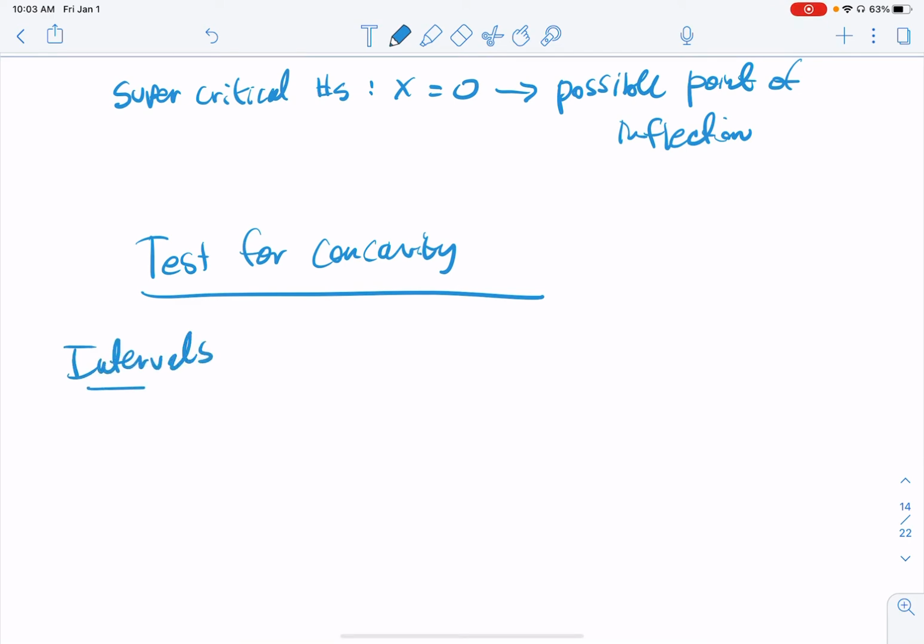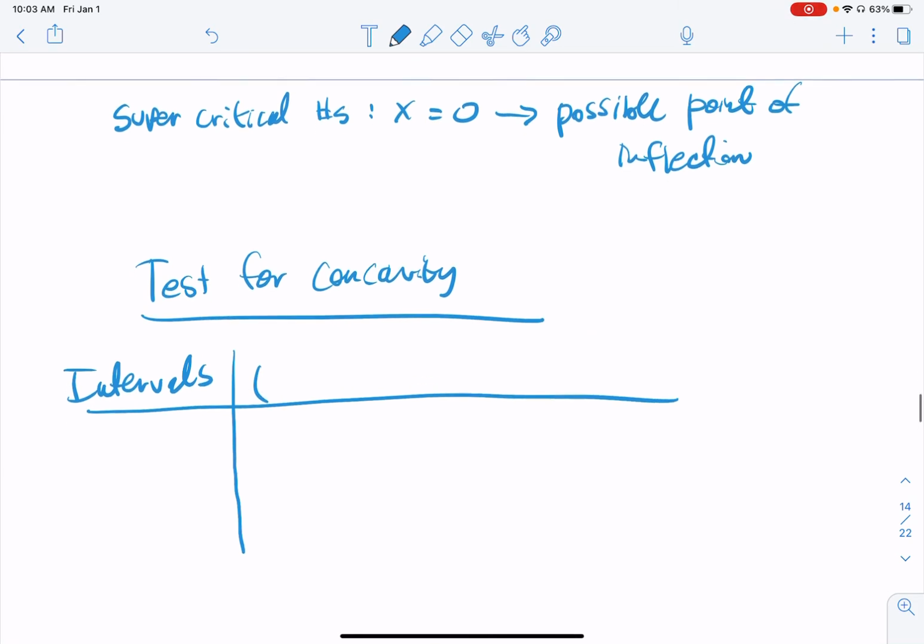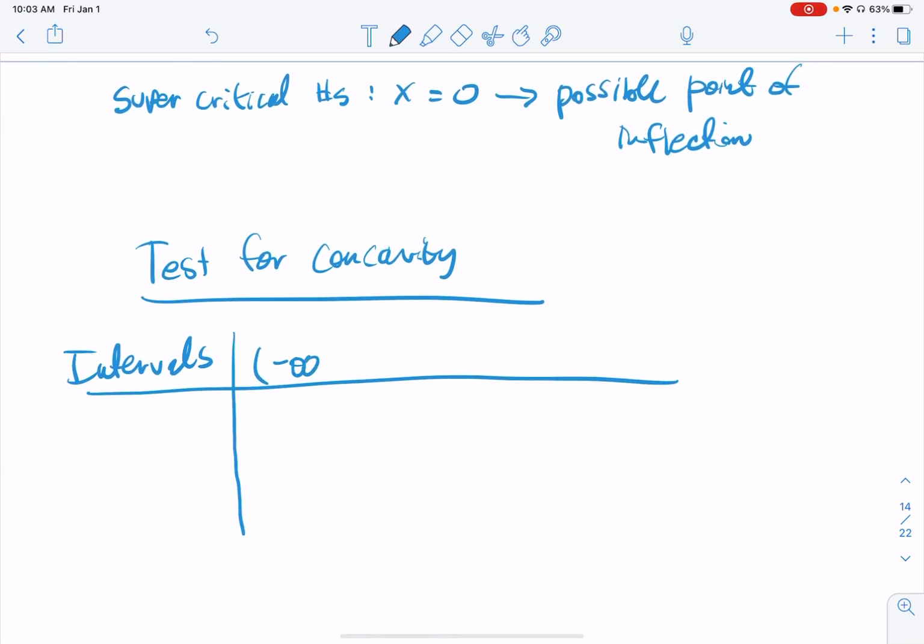So the intervals, taking the domain of all real numbers and just breaking it up at its supercritical number: from negative infinity to 0, and then from 0 to infinity. We need to pick a test value. How about positive and negative 1? Where do those go? They go into the second derivative if we're testing for concavity.